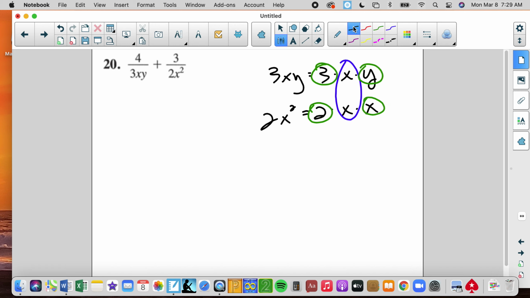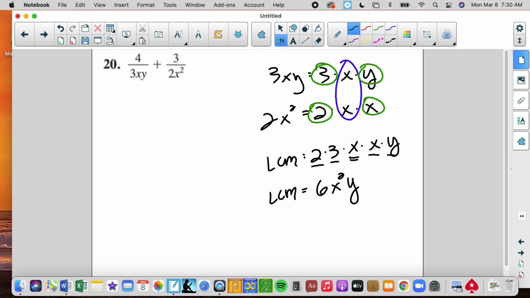So my LCM is going to be the x they have in common, then the 2, the 3, the x, and the y are the leftovers. So my LCM is 2 times 3 is 6, x times x is x squared, y. 6x squared y.